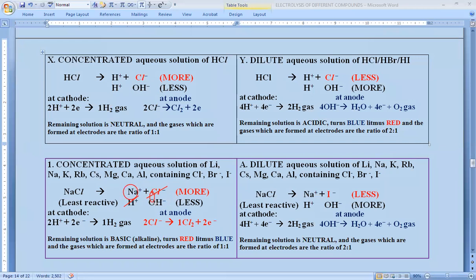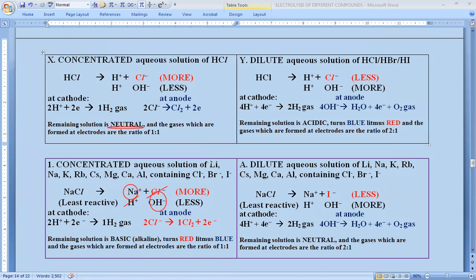That is why the solution is basic, due to the presence of sodium hydroxide or potassium hydroxide or calcium hydroxide. When hydroxide ions are there, the resulting solution is basic in nature, alkaline, which turns red litmus blue. But keep in mind that the ratio of the gases collected at the cathode and anode remains the same, 1:1. With aqueous concentrated HCl, HBr or HI, the solution remains neutral.